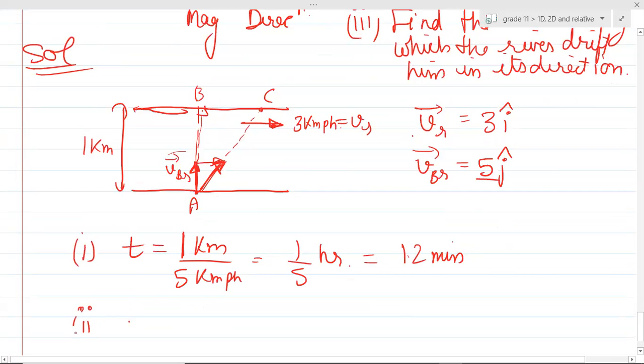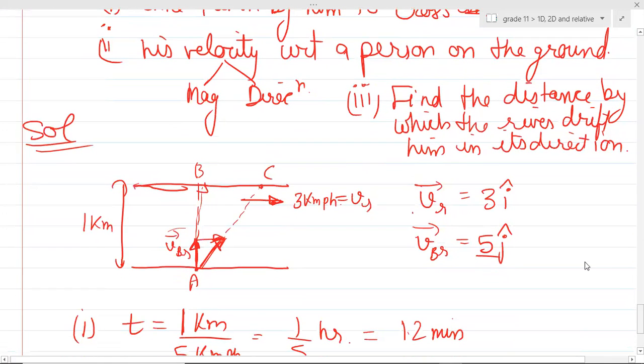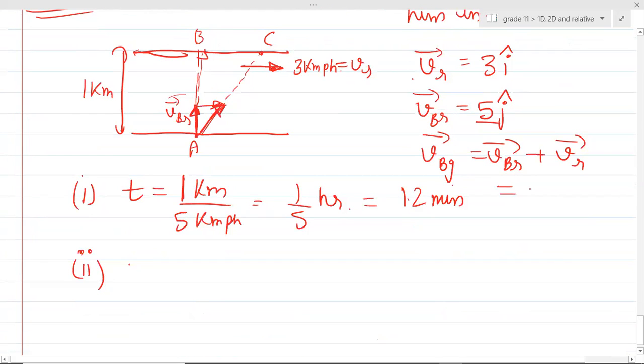The second part is to find out his velocity. The velocity of boy with respect to ground will be basically VBR plus VR. So you'll do this and you'll get 3 i cap plus 5 j cap.